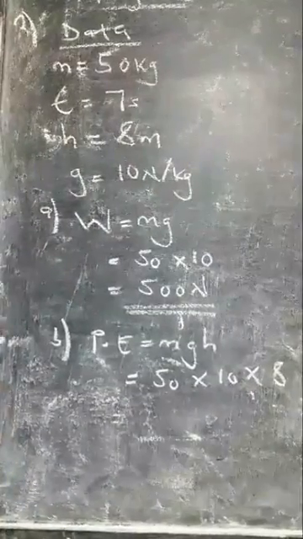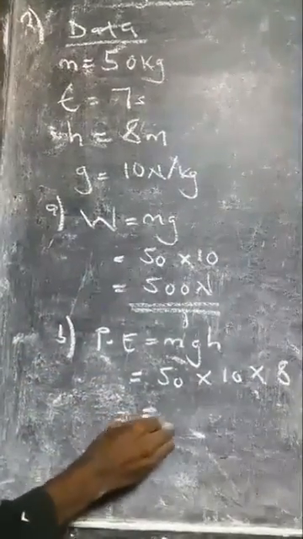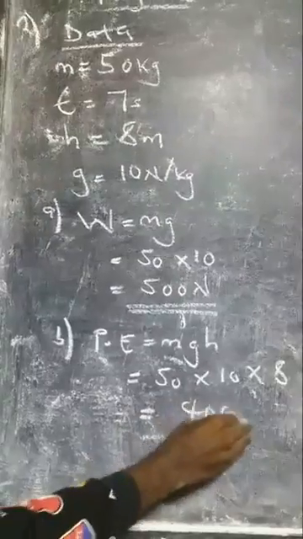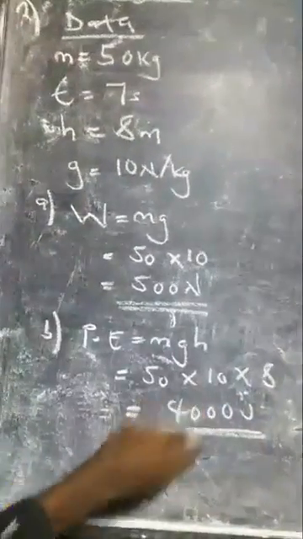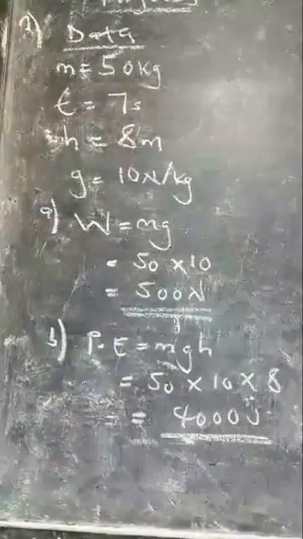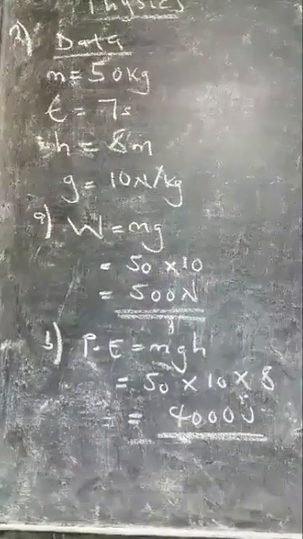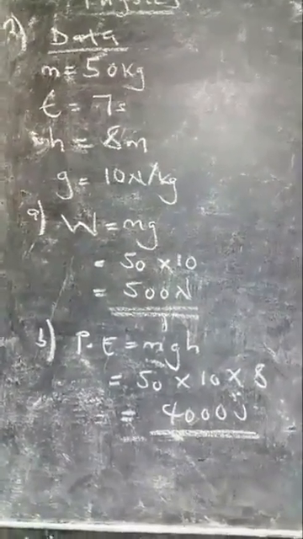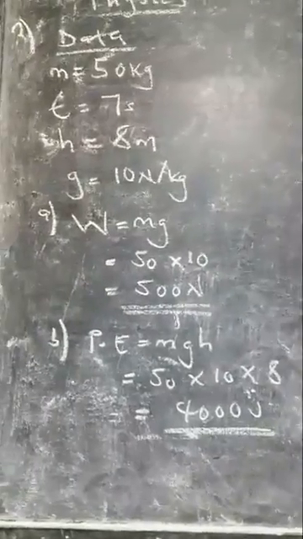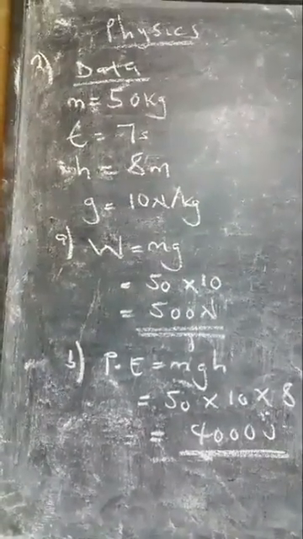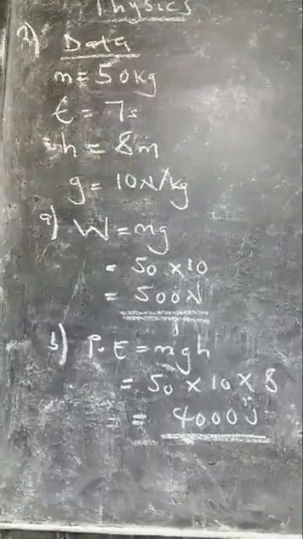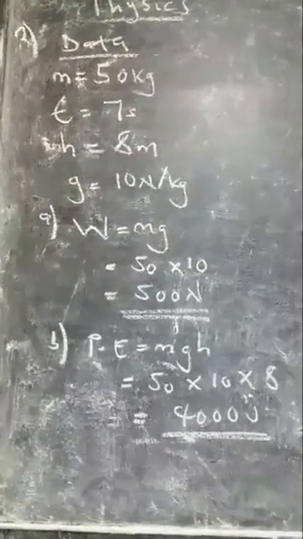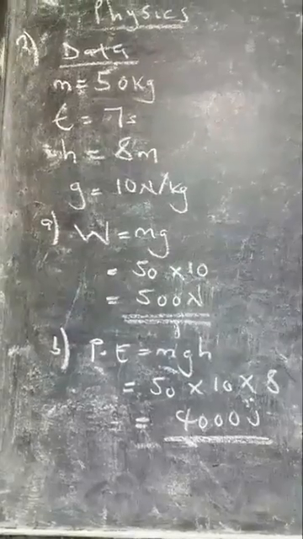So it's 500 by 8, which is equal to 4,000 joules. That's your PE. So 50 by 10 by 8, that's equal to 4,000 joules.